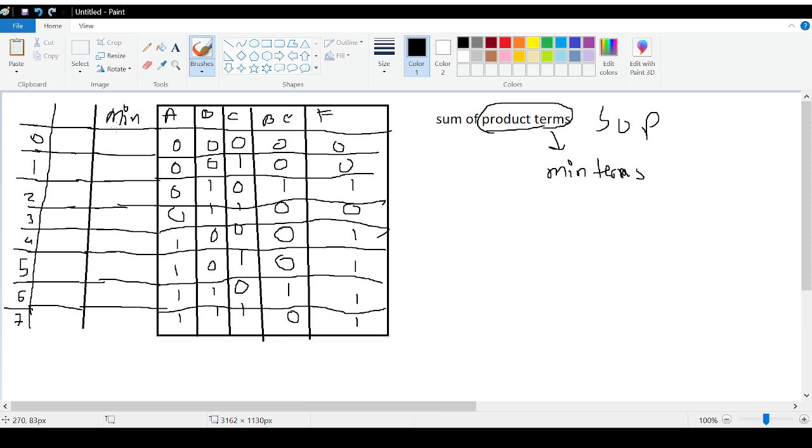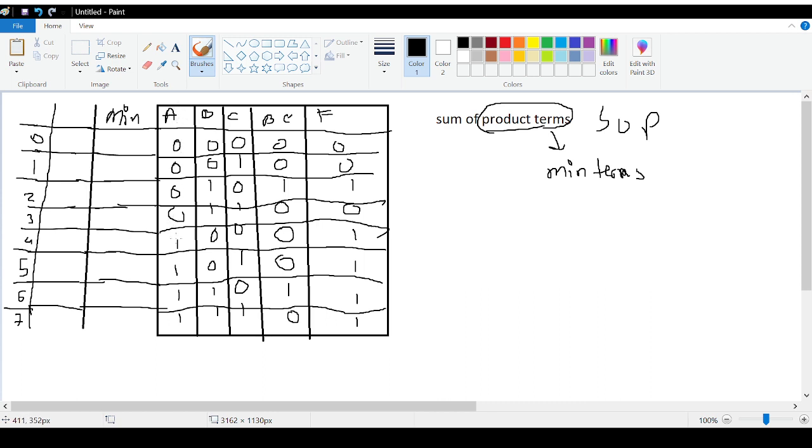With min terms, we represent each combination in terms of A, B, C. Min terms are basically product terms. So how do you represent 0, 0, 0? It's going to be the product of A, B, C. If a variable is 0, you write it with a bar, like A bar.